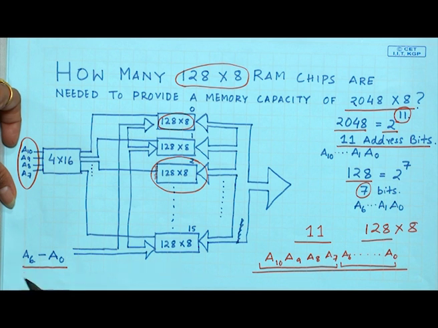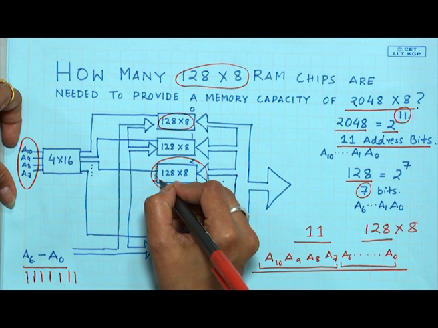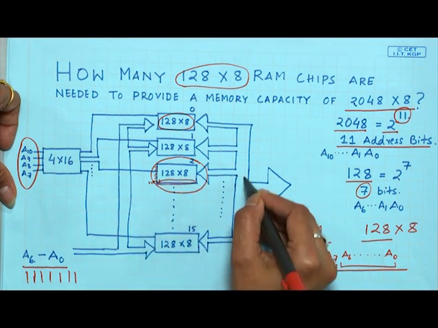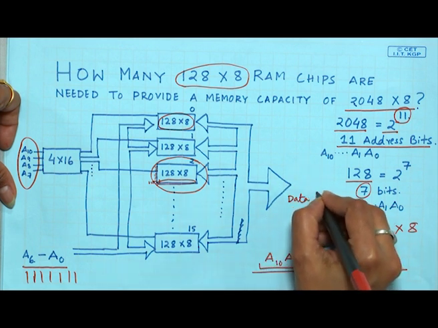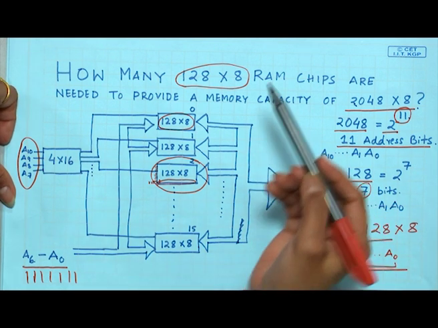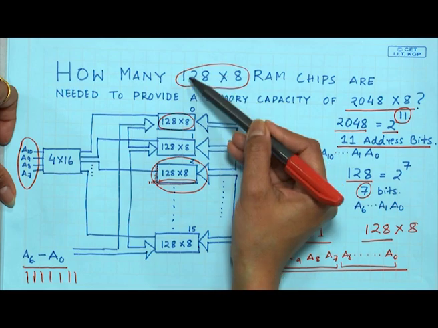If it is the last location, then the value will be all 1s, 1 1 1 1 1 1 1, and the 8 bits will be transferred through the data bus, which is connected here. This is how we can make a larger memory from smaller memory modules.